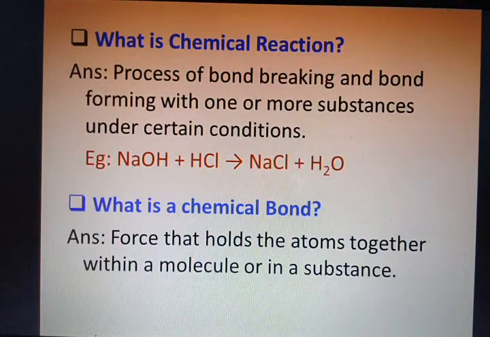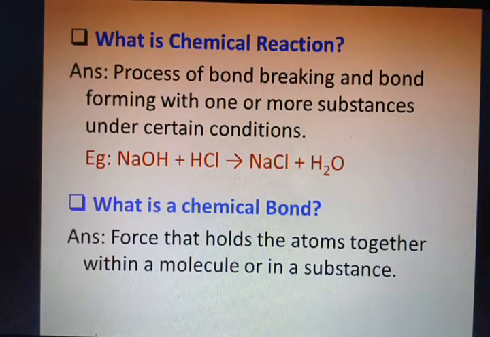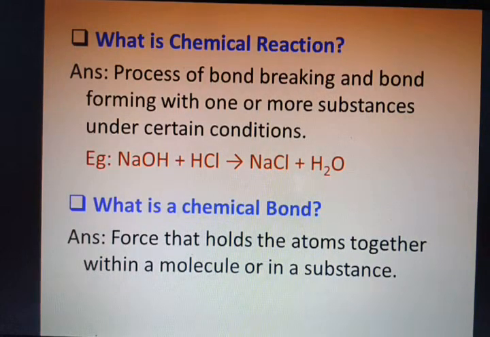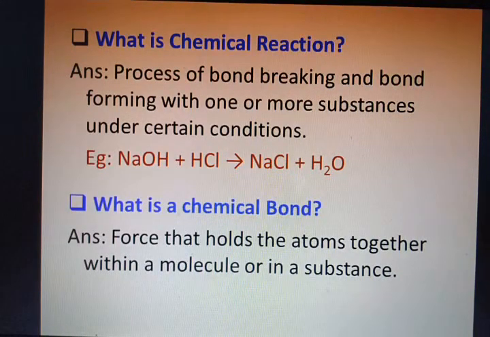That means one substance is breaking down by the breakdown of its bonds, and another substance is forming by the formation of new bonds, definitely under certain conditions.